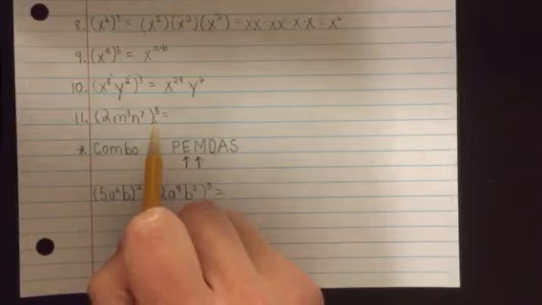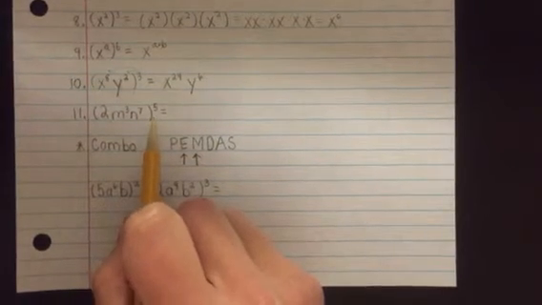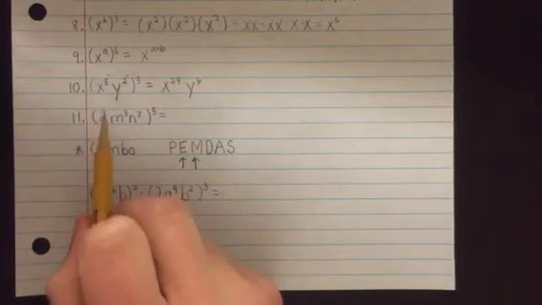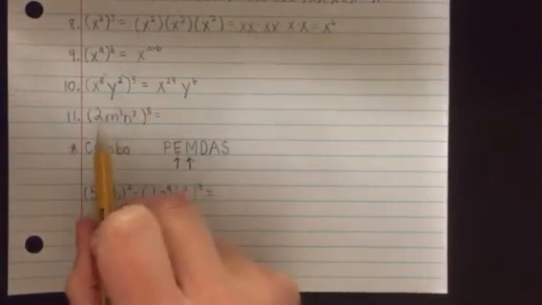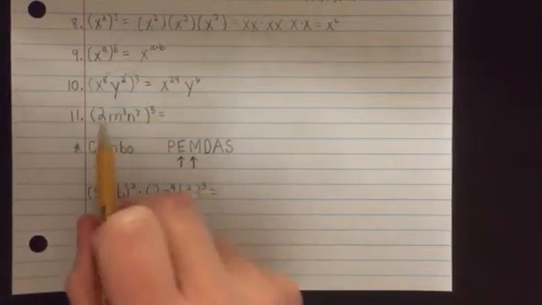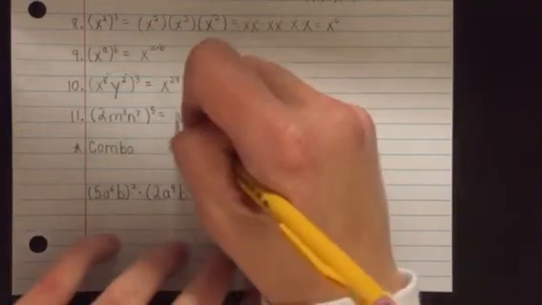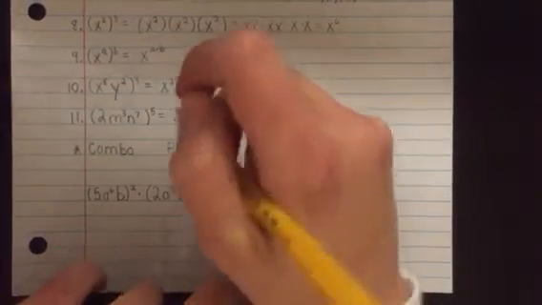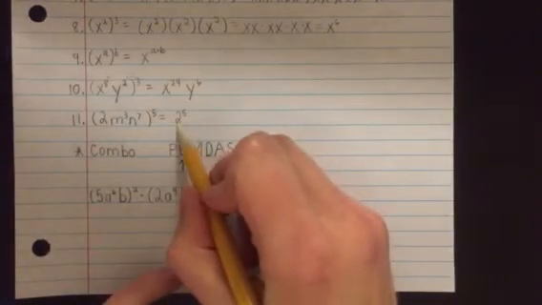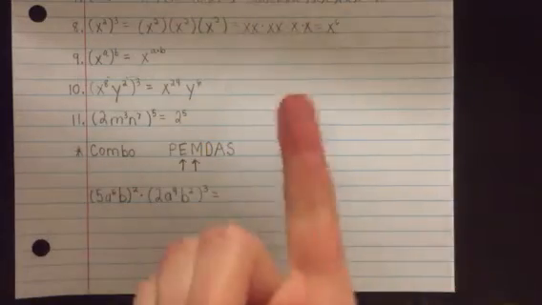What I want you to be careful of is something like this next example, because sometimes you have a number in front. Here we didn't, here we do. When you have a number in front, you don't multiply those two numbers. That's incorrect. What you're actually going to do is raise 2 to the 5th power. So that means 2 times 2 times 2 times 2 times 2.